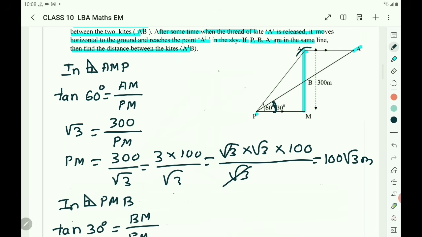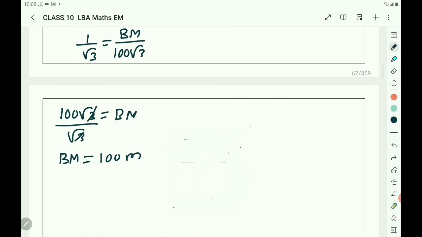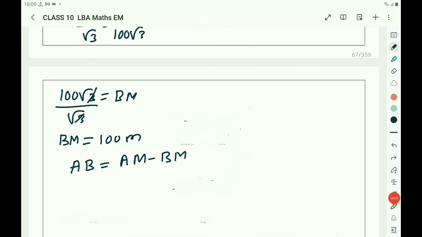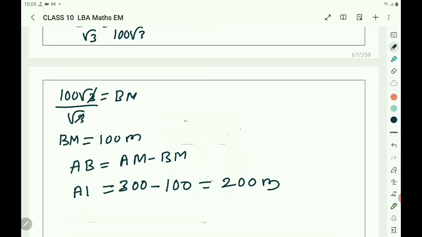Then to find the distance between A and B, AB equals what? AM minus BM, equals, AM is 300, height of the A, BM is the height of the B, 100, which is equals to 200 meter. That is the distance between the kites A and B.